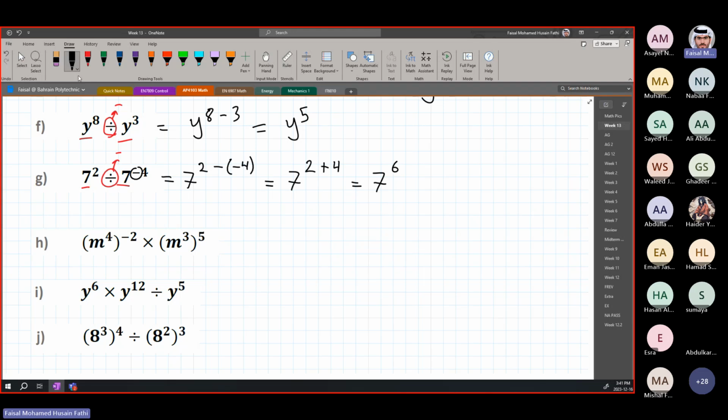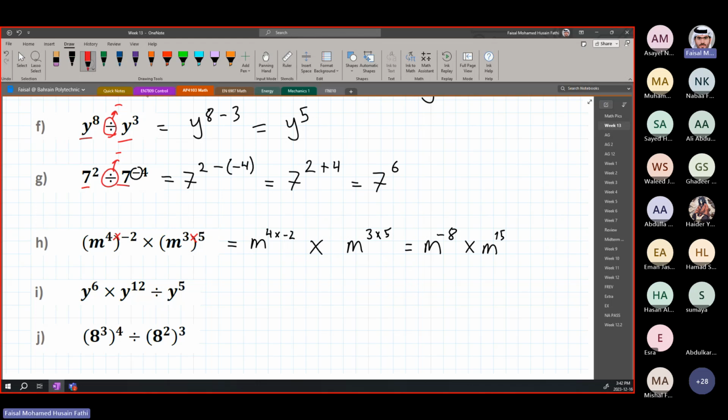Okay, moving on to H. Don't be scared. Step by step. So m to the power of 4, we have a bracket here. We multiply. We can do the same thing here. So this is equal to m to the power of 4 times minus 2, times m to the power of 3 times 5. We simplify this. 4 times minus 2 is minus 8, times m to the power of 3 times 5, which is 15.